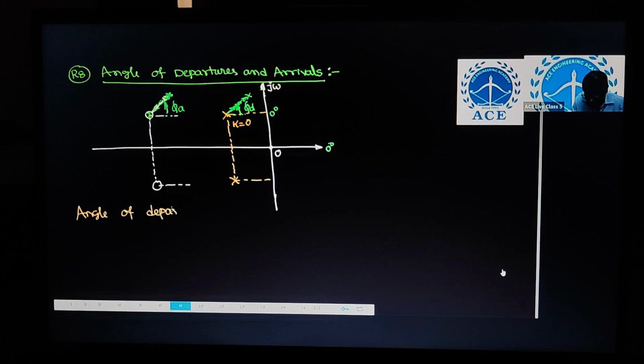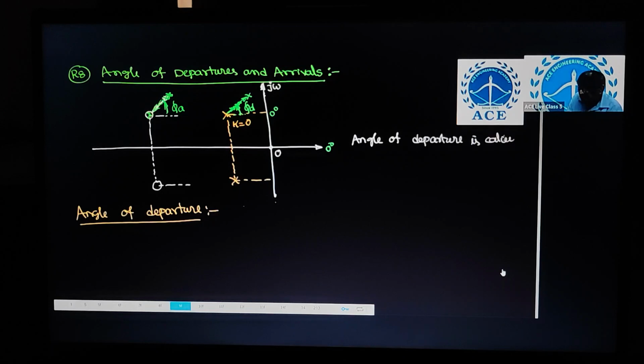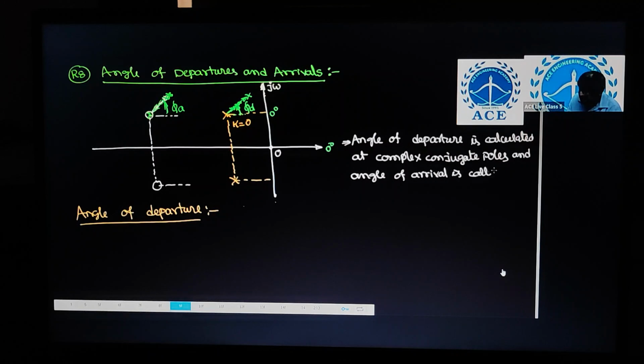Now, write the angle of departure definition. Angle of departure is calculated at complex conjugate poles, and angle of arrival is calculated at complex conjugate zeros.